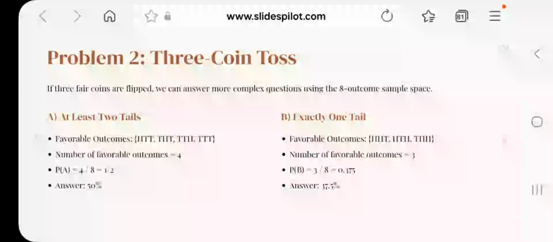So for event A, or let's call it event C for part C, the 3 favorable outcomes are HHT, HTH, and THH. So the probability is going to be 3 favorable outcomes out of a total of 8 possible outcomes. 3 divided by 8 as a decimal is 0.375.